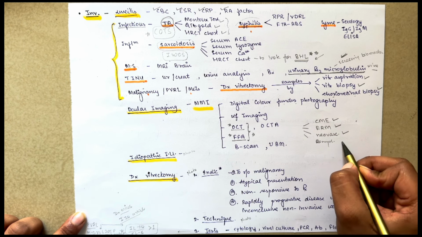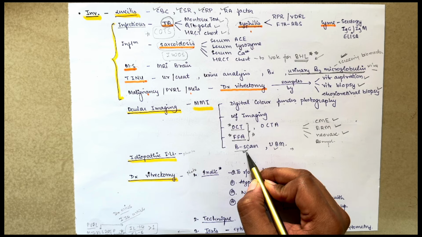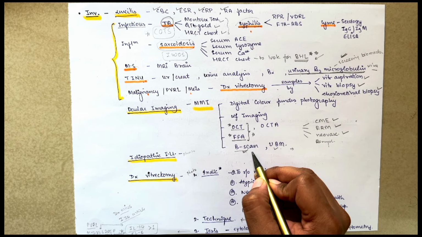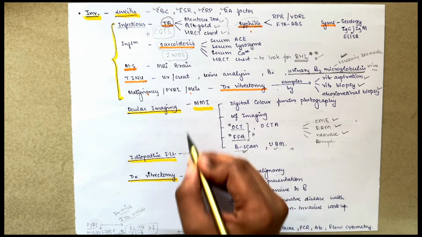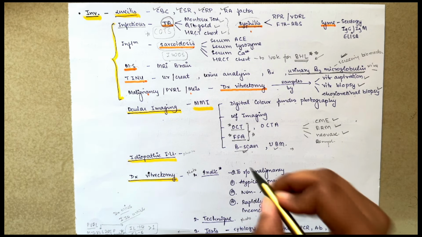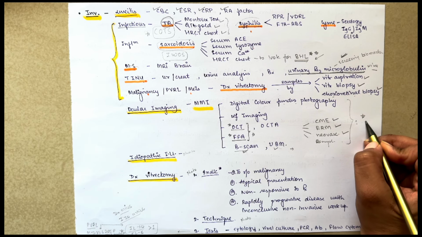B-scan can also be used to confirm exudates in the vitreous or any detachments. Similarly, pars plana exudates are seen on UBM. So you can write about this multimodal imaging, and it is important that these tests are mentioned while giving the written exams.